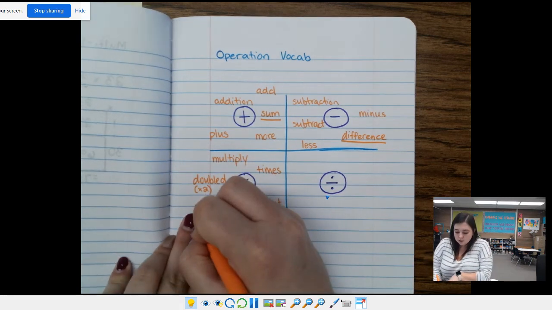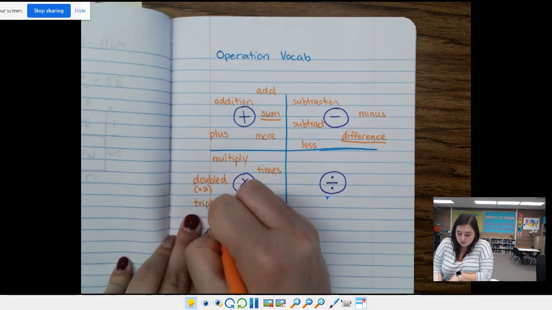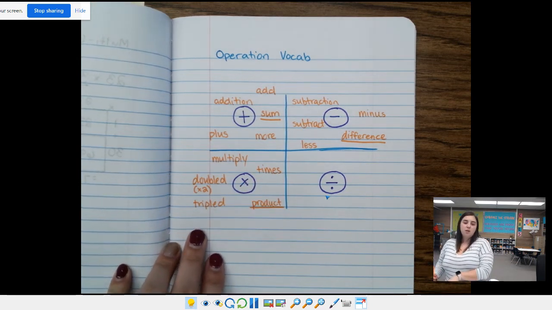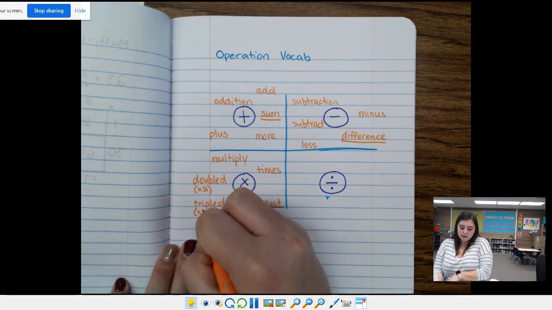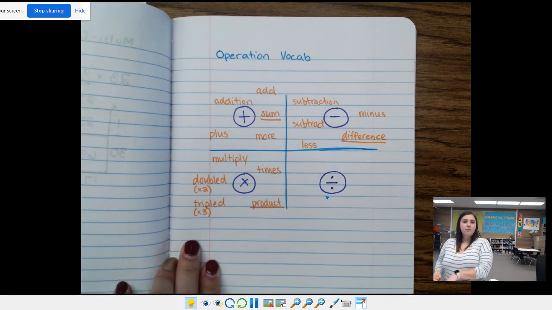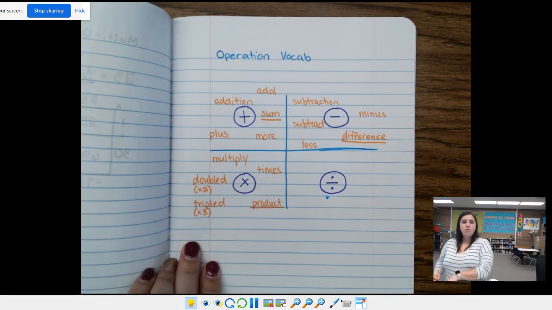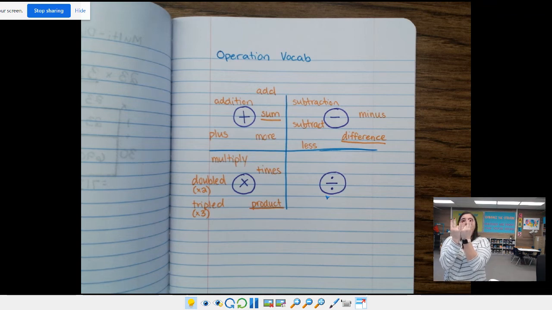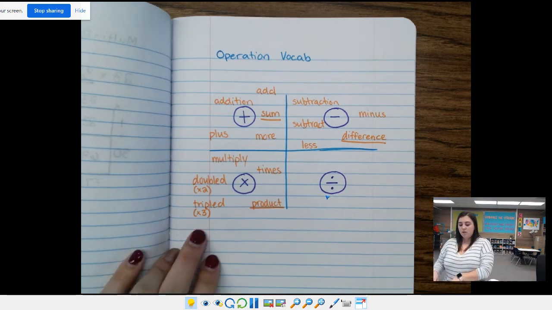Another word is tripled. If I want you to triple something, that's like multiplying times 3. 2 tripled would be 2, 4, I need more fingers, 6. You multiplied by 3. You tripled it.